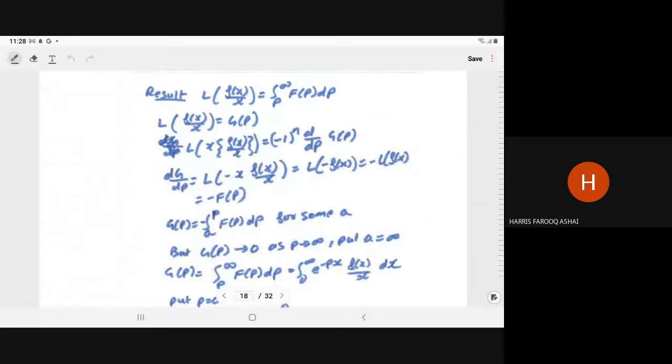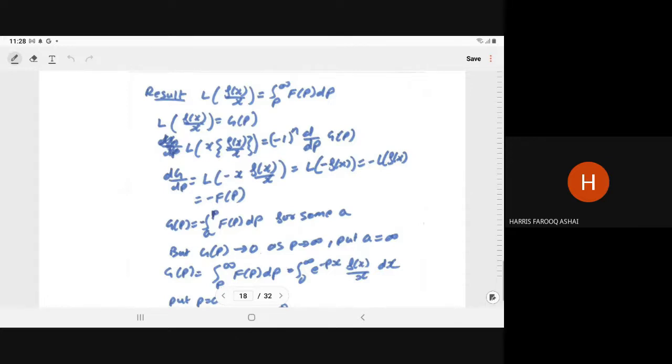Now, instead of multiplying, if we have division, then how to determine it? The Laplace transform of f(x) upon x. In multiplication we used the derivative; now in division we have to use integration.